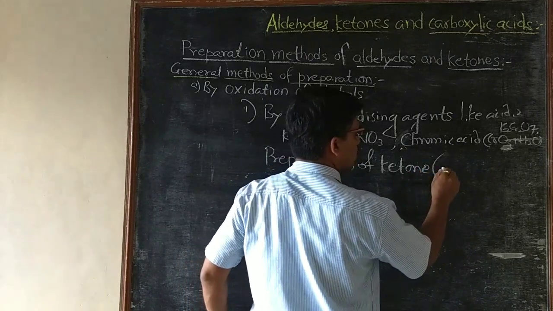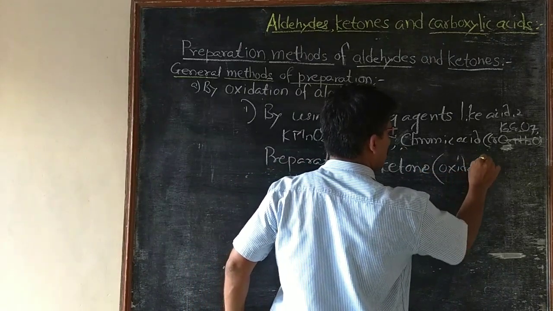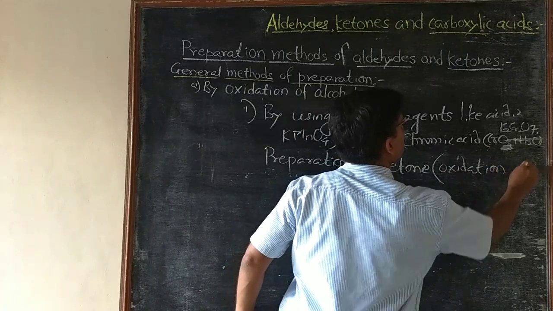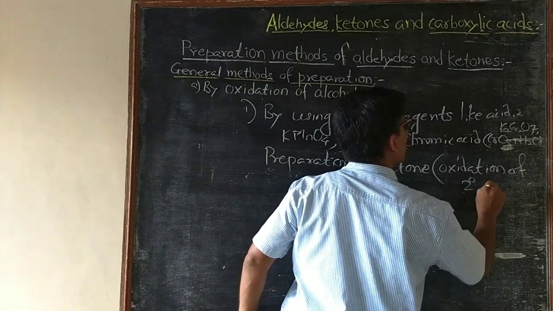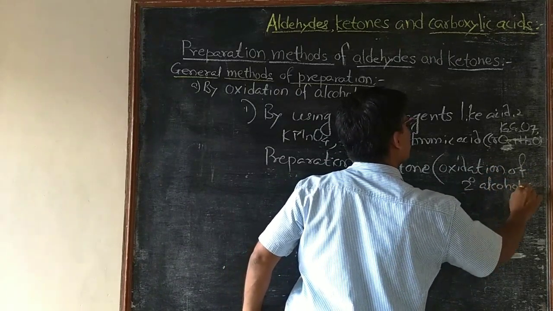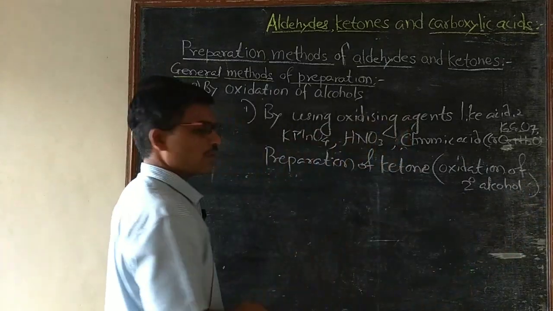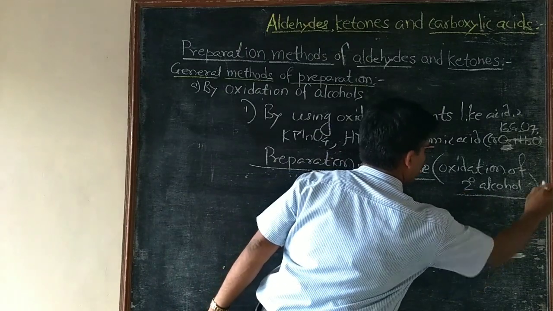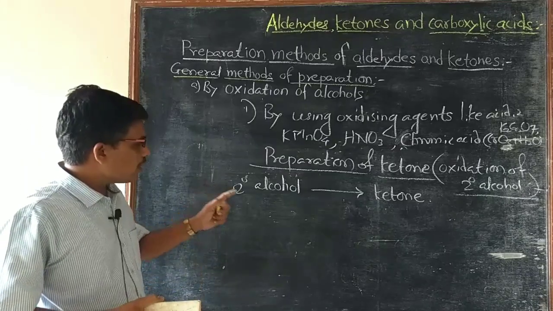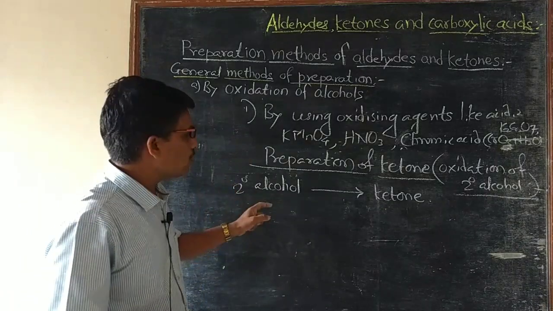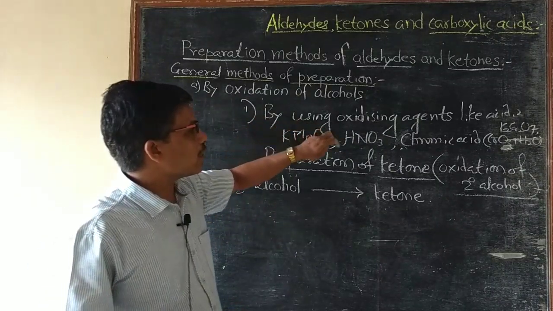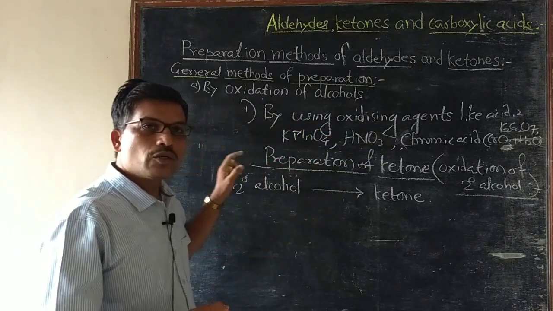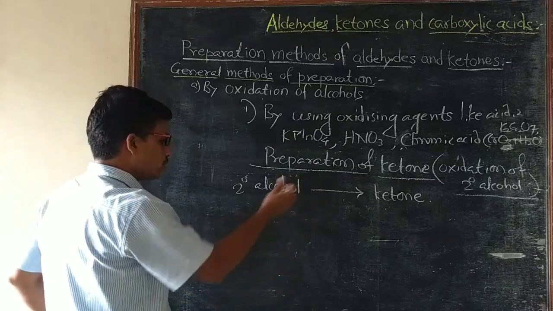That is by oxidation of secondary alcohol. Secondary alcohol on oxidation using oxidizing agents like chromic acid gives its corresponding ketone.